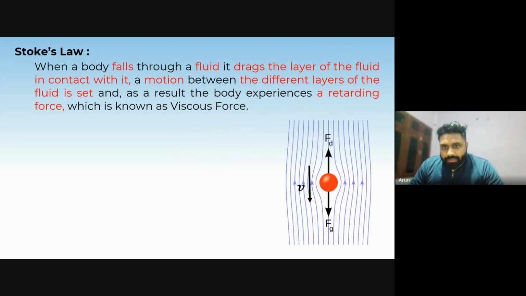So this is the phenomenon. The gravitational force would try to pull the ball in the downward direction, but due to the viscosity of the fluid, it will apply a drag force to this ball.